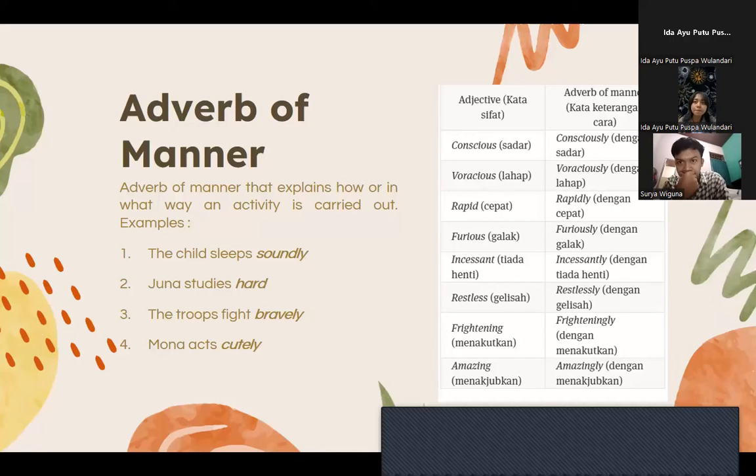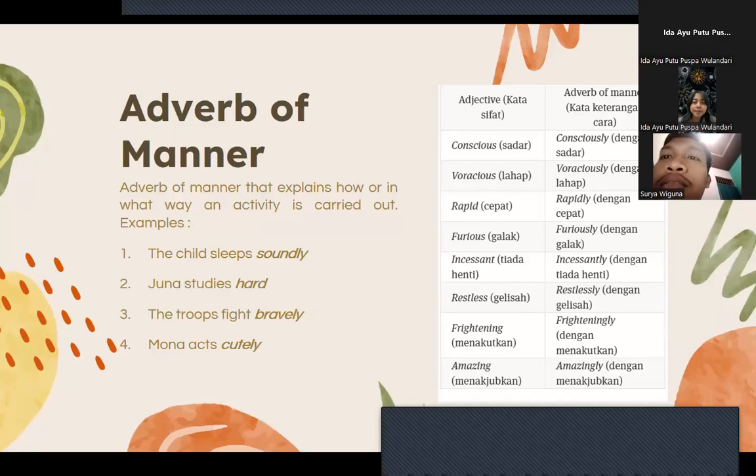For example, maybe you can try to read the examples of this adverb of manner, Surya. Pardon me, Miss. Can you repeat? Please read the examples of the adverb of manner, such as child sleeps soundly. Just read it.